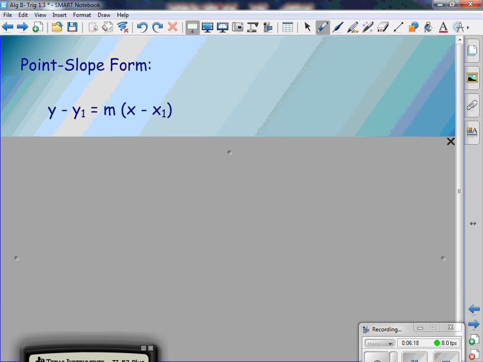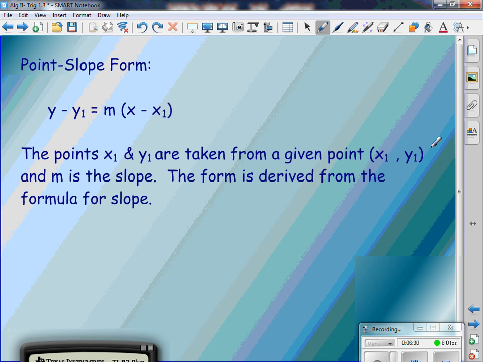This looks familiar. It looks like the formula for slope, but it's just rearranged. The points x1 and y1 are taken from a given point. It's a point that you know. And m is the slope. It's derived from the formula for slope.